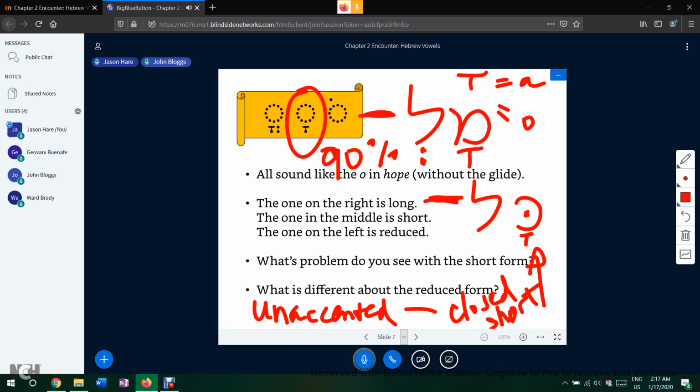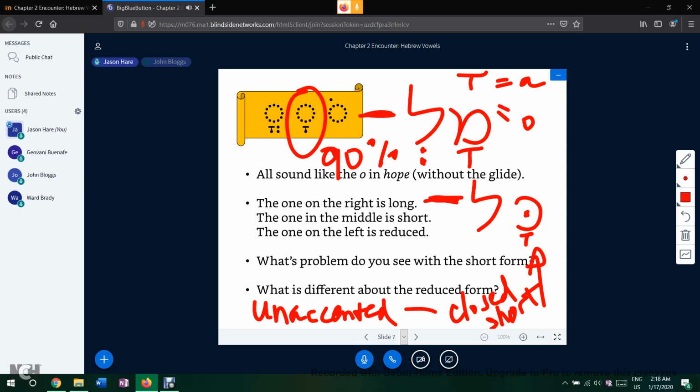I'm surprised the Masoretic scribes didn't come up with some other symbol that didn't look like the ordinary kamatz. I agree with you. It's conjectured that they probably pronounced long and short the same. And since they pronounced it the same, they gave it the same symbol. Oh, okay.